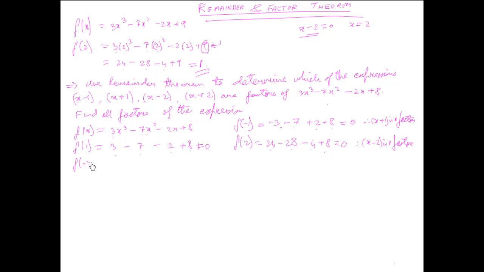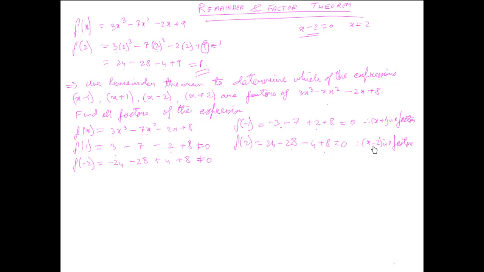And then they've asked us for f of negative 2. The first value would come out to be negative 2 cubed, that's negative 8, so negative 24, minus 28, plus 4 plus 8. That's not equal to 0, children.